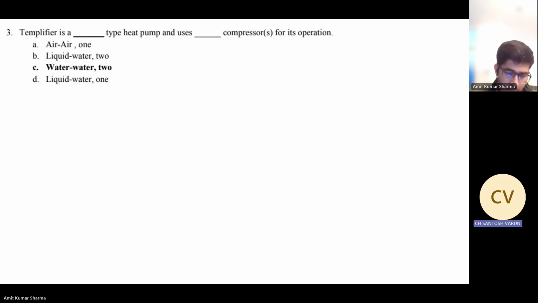It is option C, water, and two compressors are used.